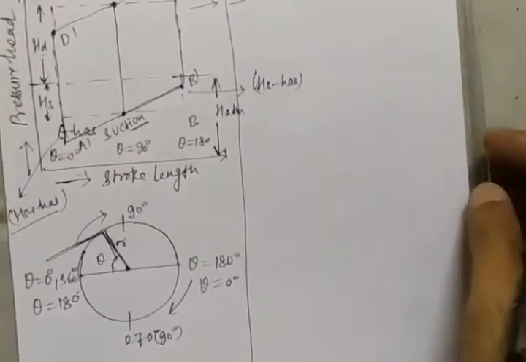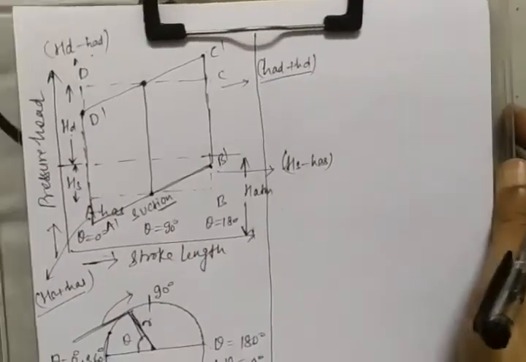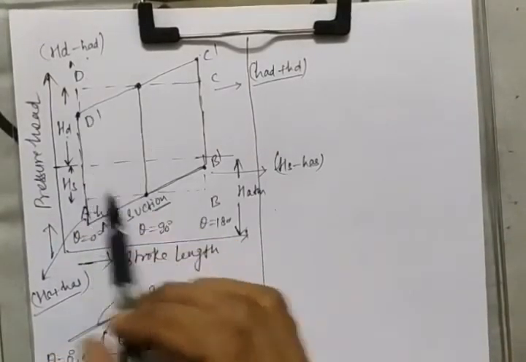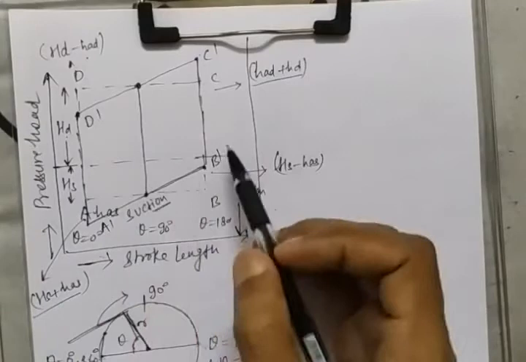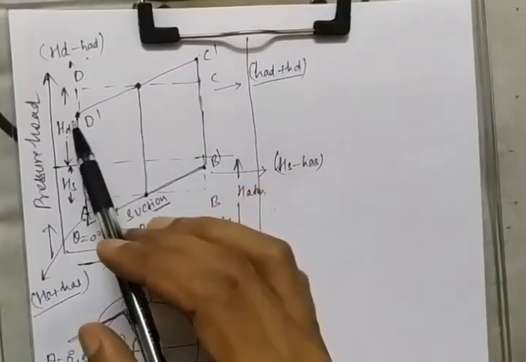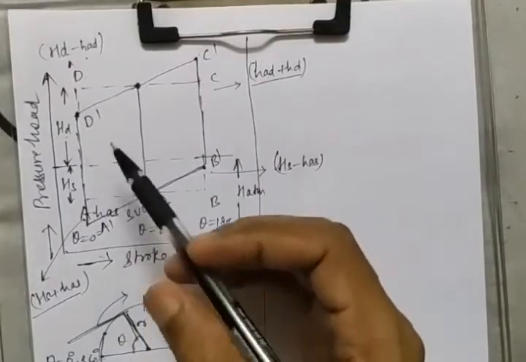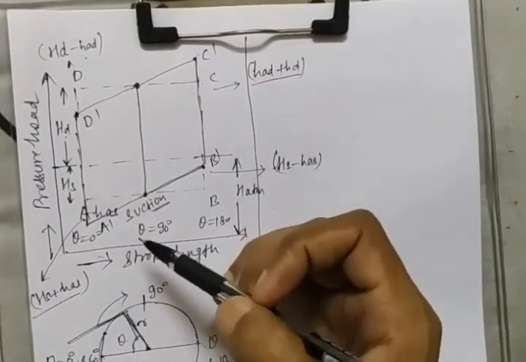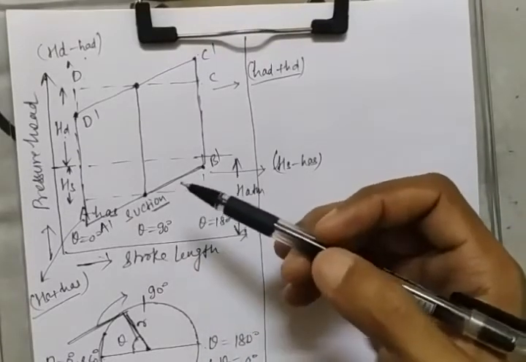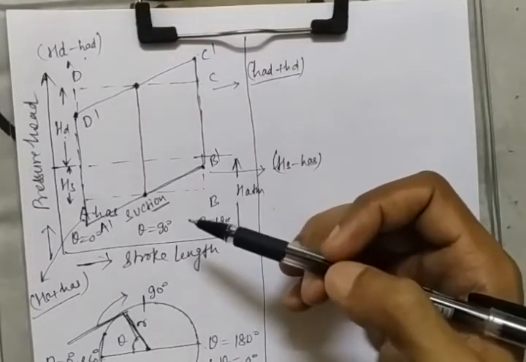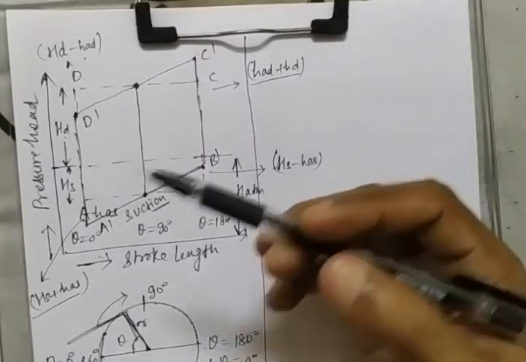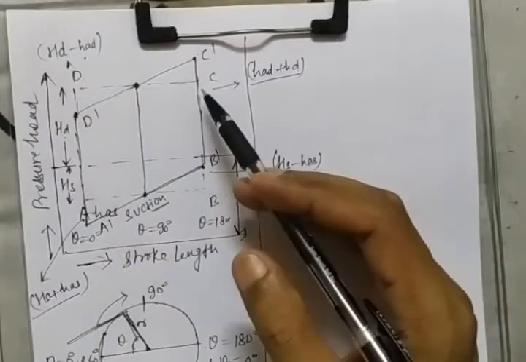Now guys, one thing I would like to explain here is that the area of this ABCD, our ideal diagram, is equal to the area of diagram A dash, B dash, C dash, D dash. So work done by the reciprocating pump, as earlier, if you see my previous video, then you will see there that work done by the reciprocating pump is directly proportional to the area of this indicator diagram.